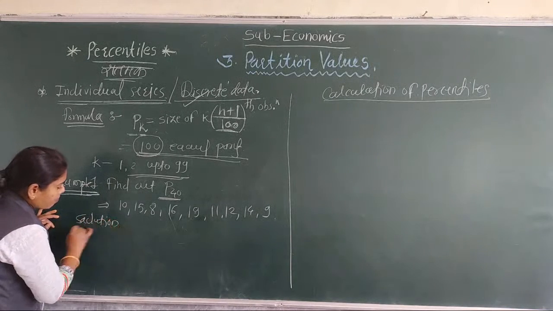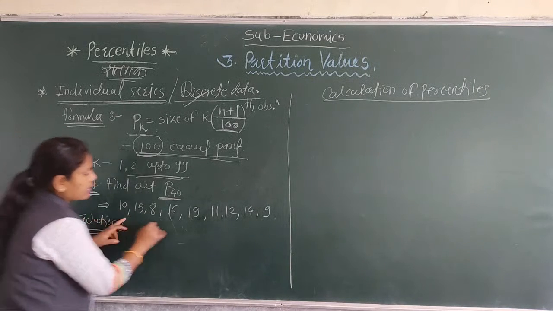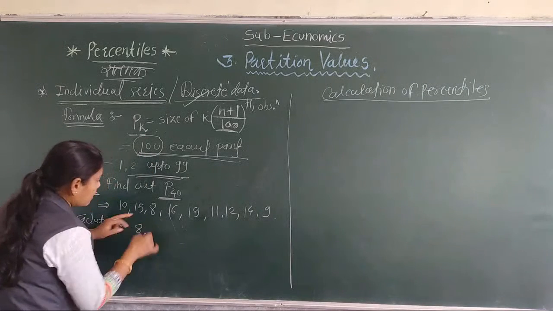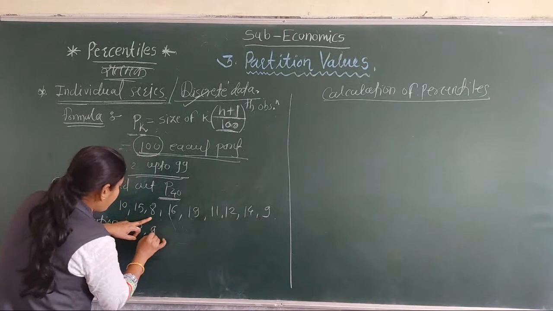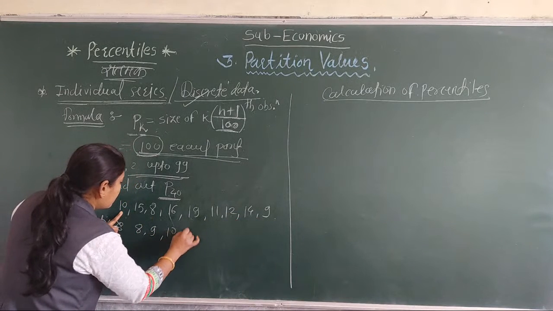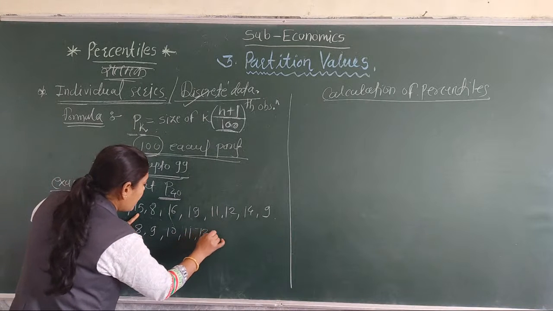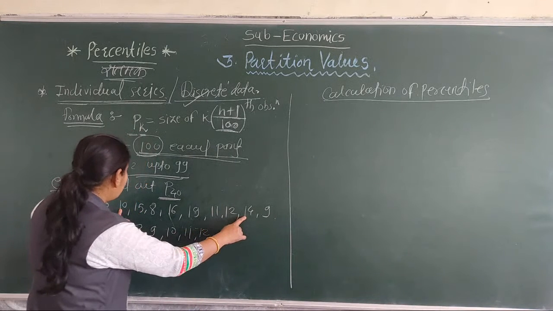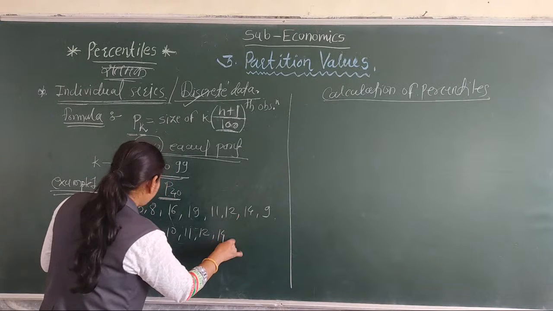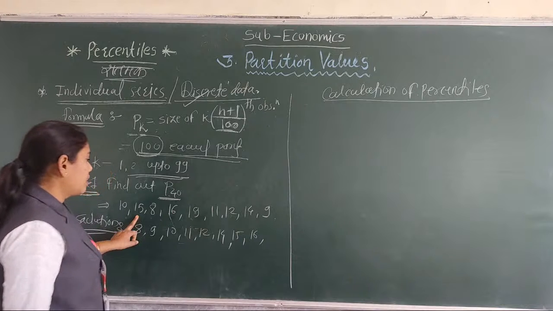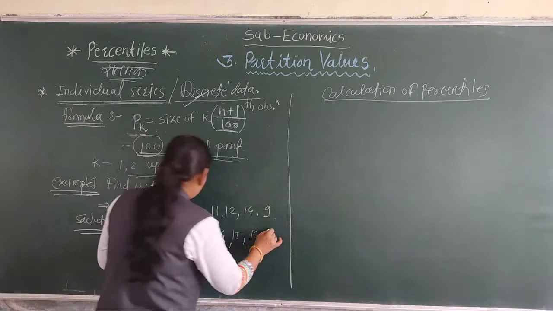In this series, the lowest number is 8, then 9, 10, 11, 12, 14, 15, 16 and 19.